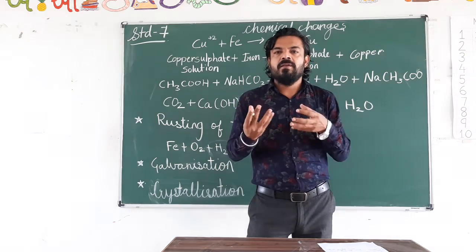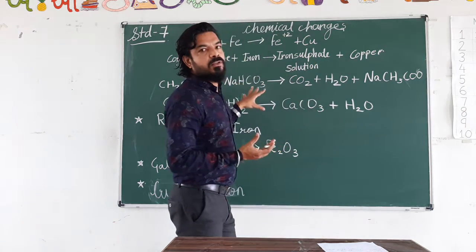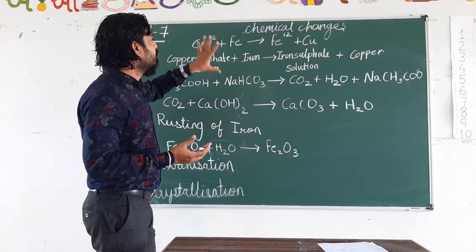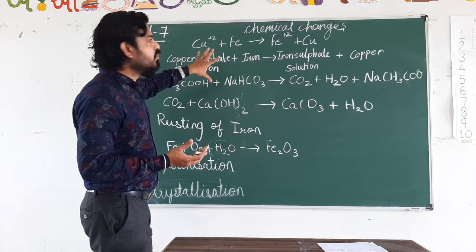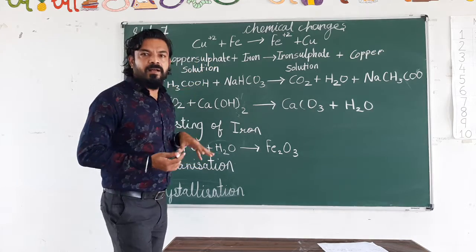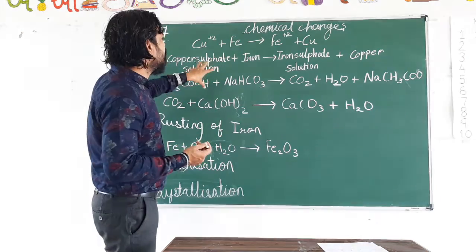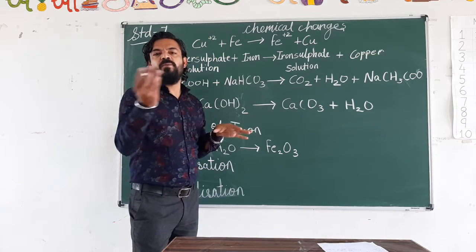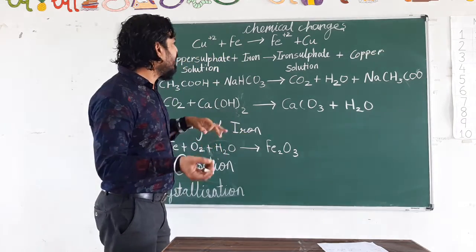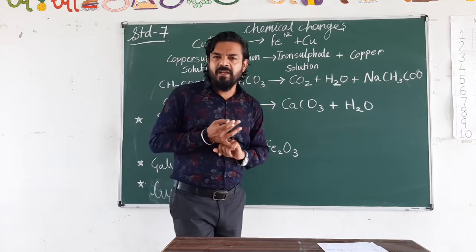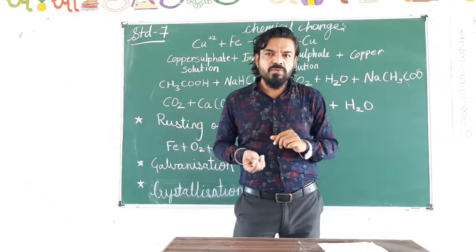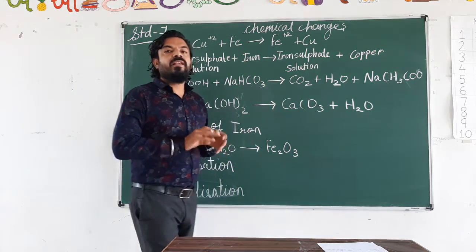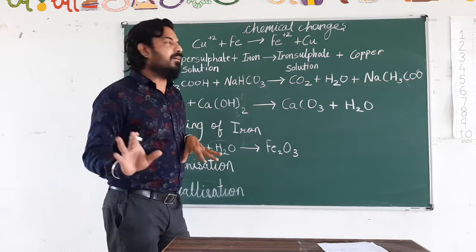The solution will become blue in color. Then take this blue solution in a beaker, add a used shaving blade or a nail, and keep it aside for half an hour or 1 hour.